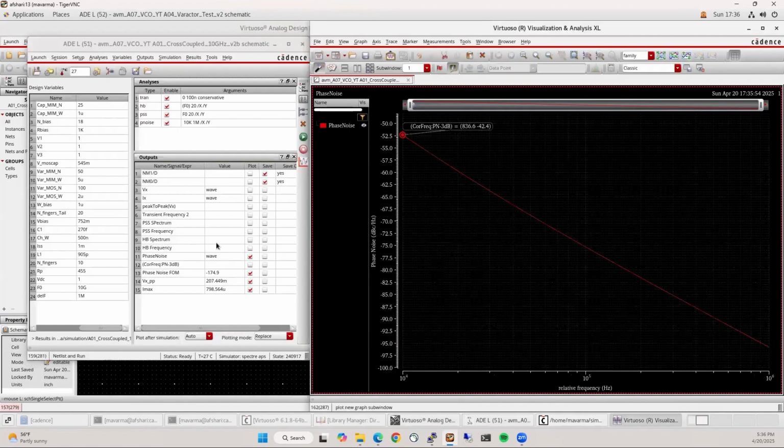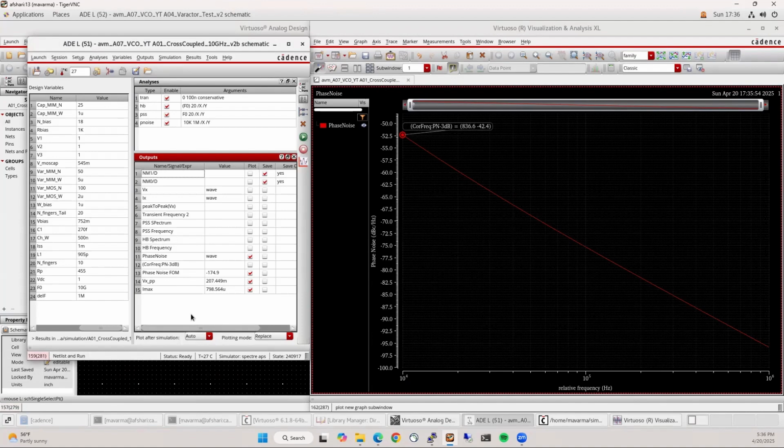Since the Q dropped, there is a way to look at how much a capacitance with some Q degrades the Q of the actual tank, but I don't really think there's any point in doing that analytically. All you need to do is drive this oscillator harder, right? So that it can actually fully switch the current to both sides.